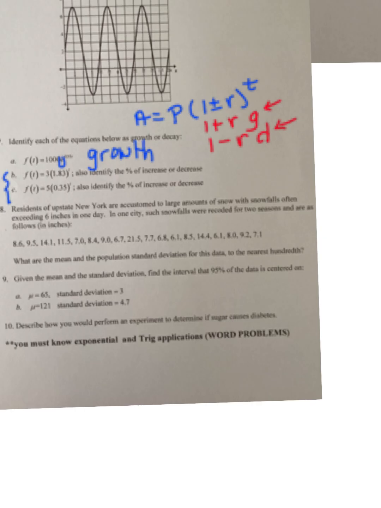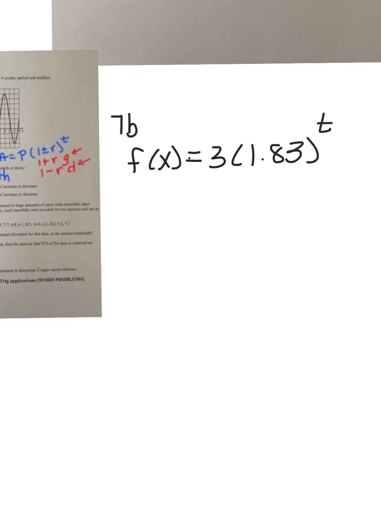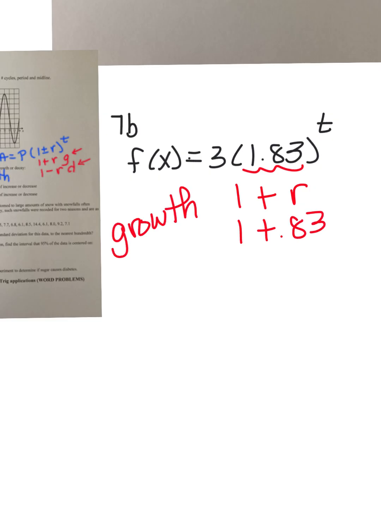All right, so 7b is f of x is equal to 3 times 1.83 to the t power. All right, so I know this is growth because this inside here is 1 plus r, right? So it's 1 plus 0.83 gives me 1.83. So that's growth. So now your r is 0.83. So what's your percent of growth? It's 83% growth. Right? Remember, you moved the decimal 2 places back to the right.